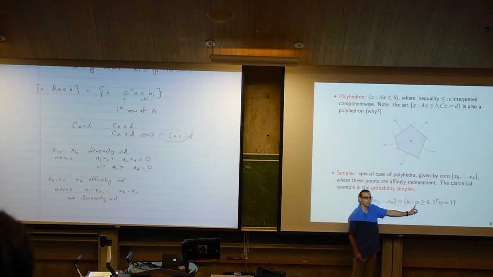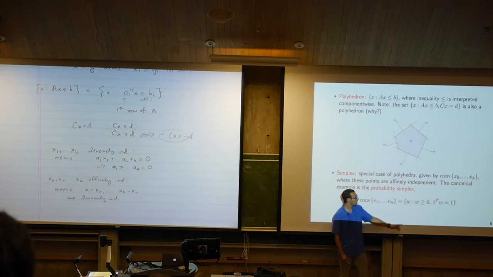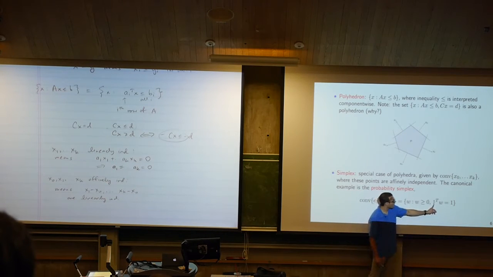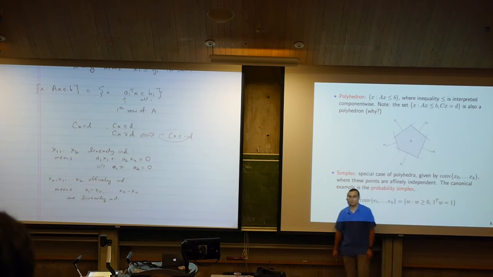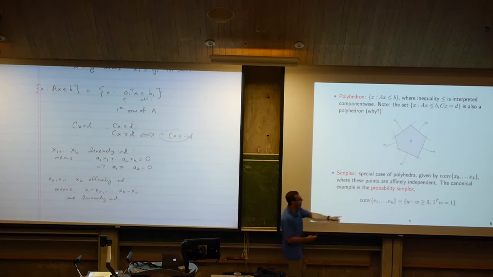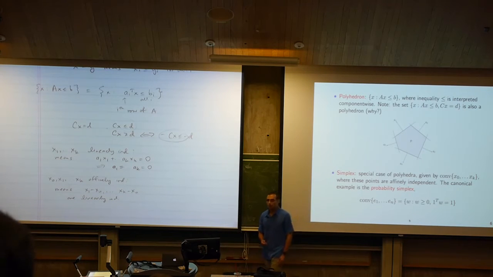From now on, I won't even remind you: if this is a vector, we mean that this inequality holds for each component. So w is greater than or equal to 0 in each component, and the inner product with the vector of all ones equals 1, which means the sum of the w's is equal to 1. So you can think of each of these vectors w as a probability distribution over the numbers 1 through n, because they're all non-negative and they sum to 1. Probability simplex.